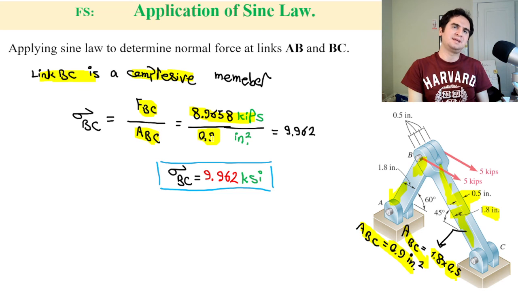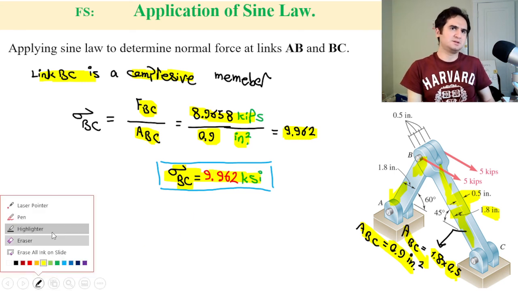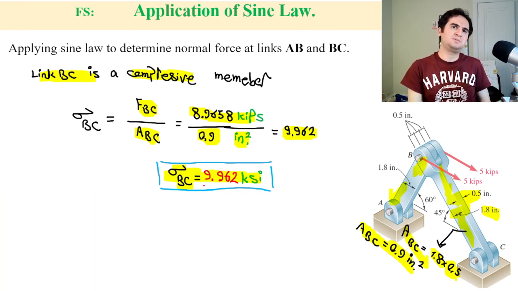At the denominator you can see 0.9 inches squared, and that gives you sigma BC 9.92 KSI, and because sigma BC is compressive, that's a negative 9.962, which stands for a compression.